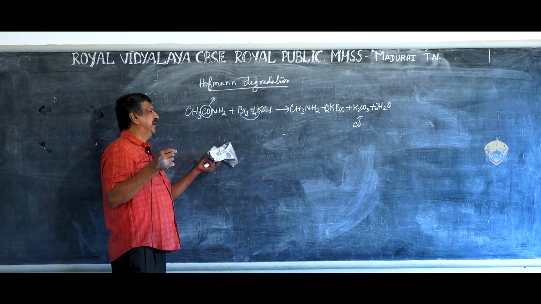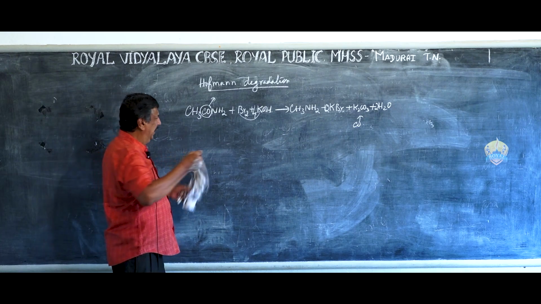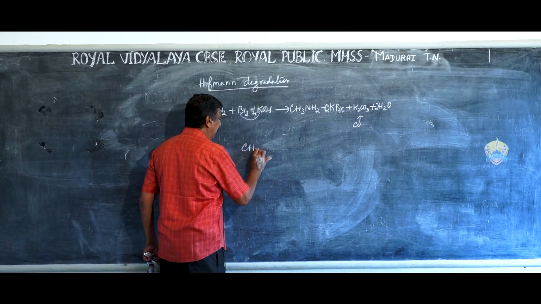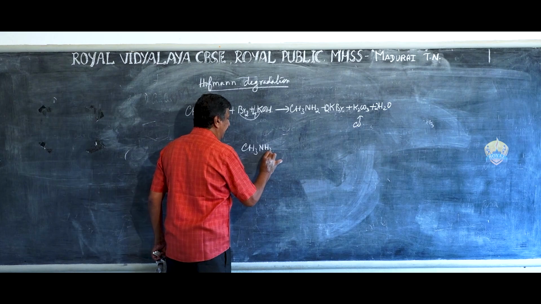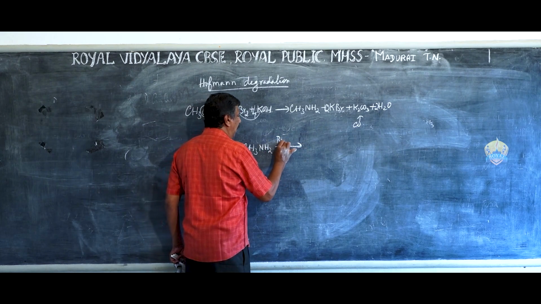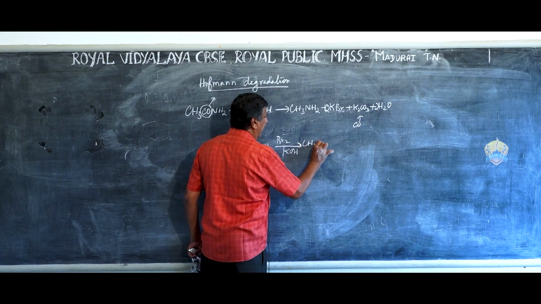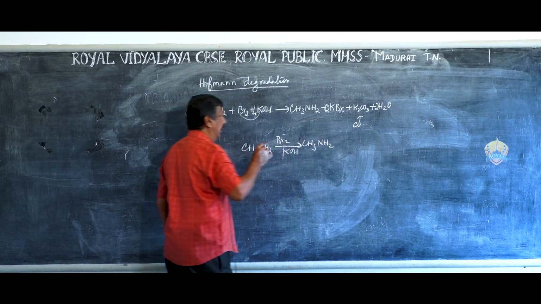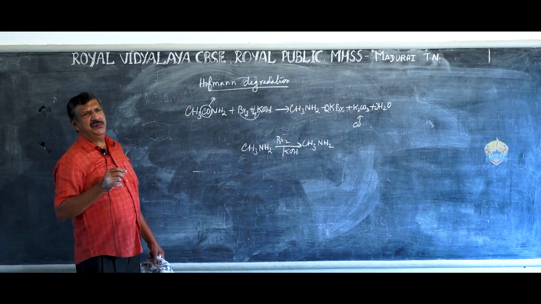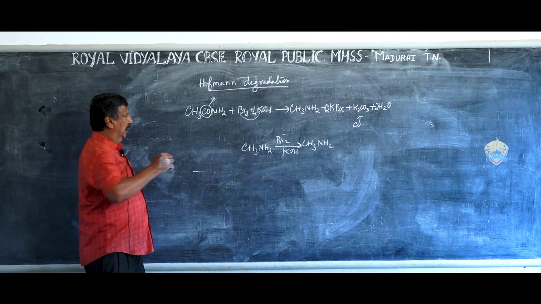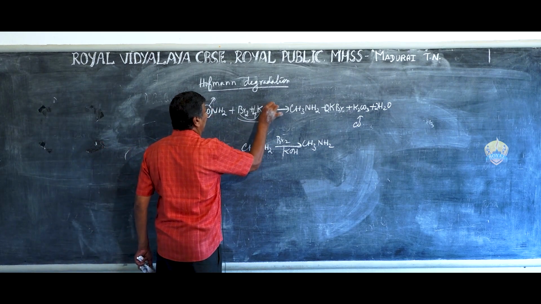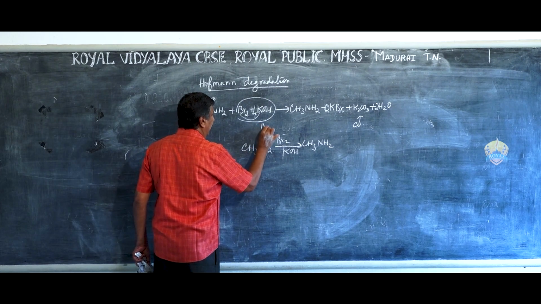If somebody feels difficult in writing like this, you can just concise like this. Bromine alkali. At least you try to write this also. Okay. But in some paper, this mixture is given as like this.